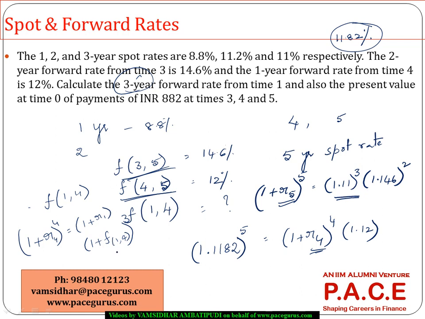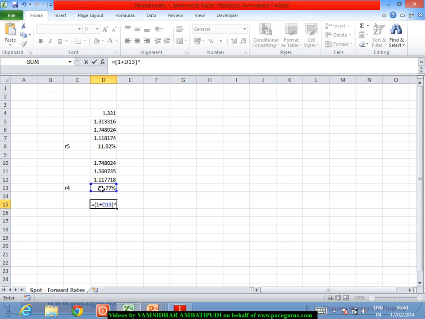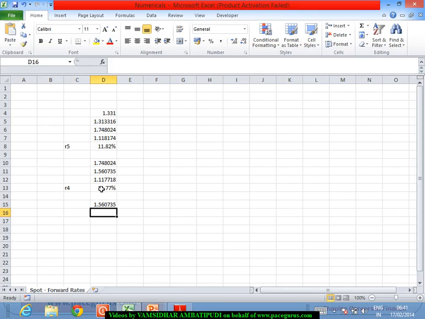So from here I can find f between 1 and 4: take 1 plus r4 to the power 4, and divide by 1 plus r1. R1 is only 8.8%, so I divide by 1.088.